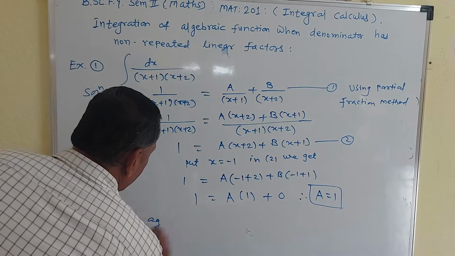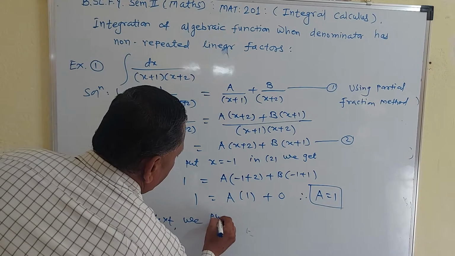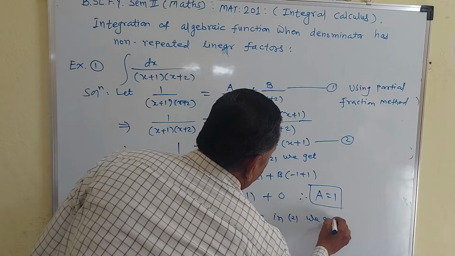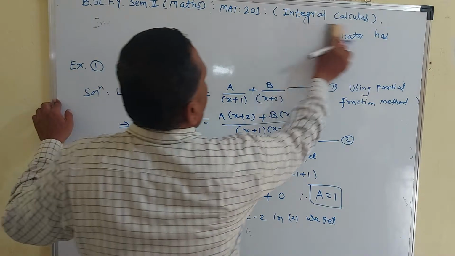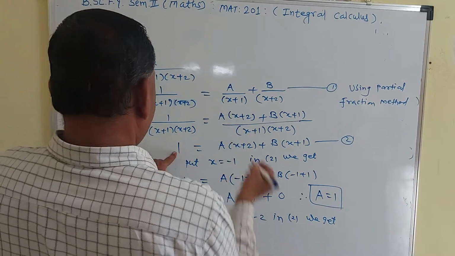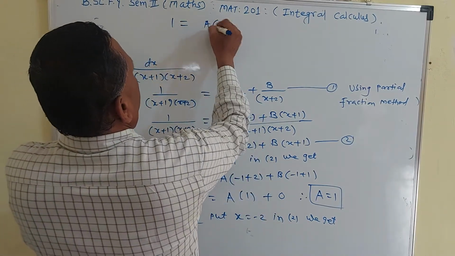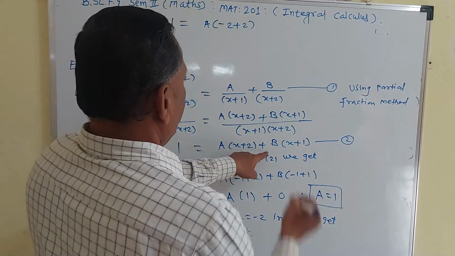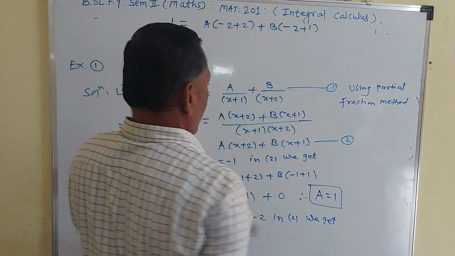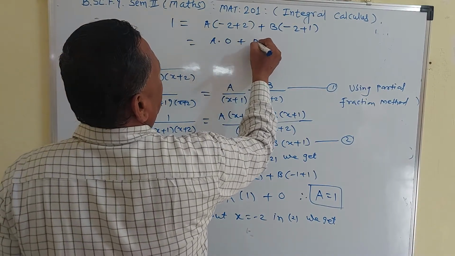Next, we put x is equal to minus 2 in equation 2, we get 1 is equal to A into (minus 2 plus 2) plus B into (minus 2 plus 1).